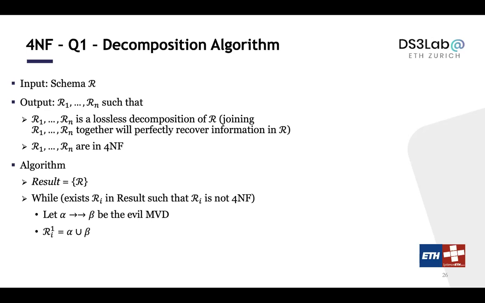Then you decompose Ri into two relations: one contains both alpha and beta, and the second contains everything other than beta. You replace Ri with these two smaller relations, and you keep doing this until all the relations in the result set are in fourth normal form, then you are done. This is very similar to BCNF, but here we reason about multi-value dependency instead of functional dependency.